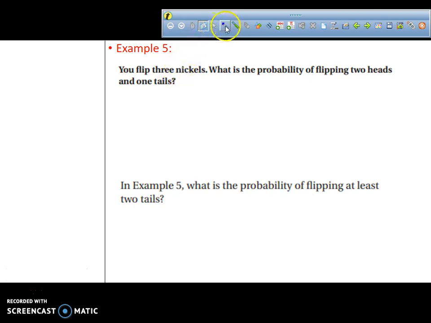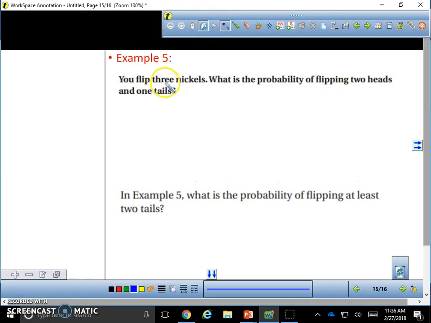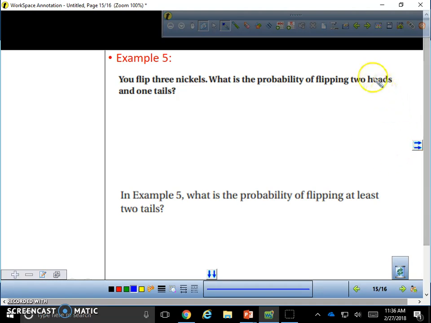Example 5. You flip a nickel 3 times, so 3 events, a nickel 3 times. What is the probability of flipping 2 heads? Let's use that fundamental counting principle.